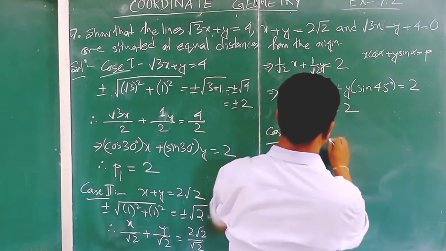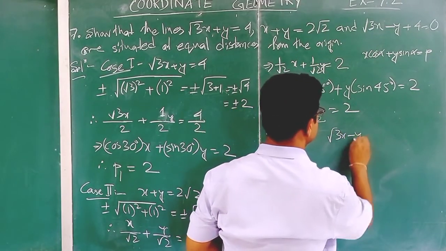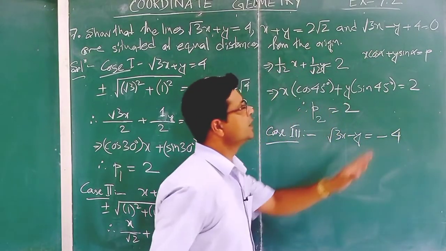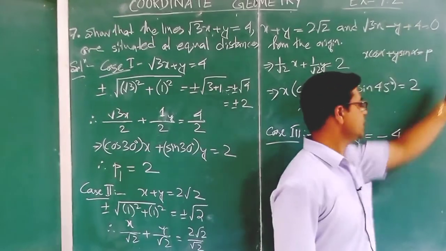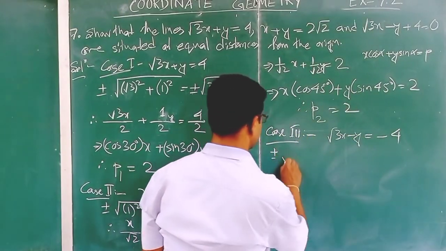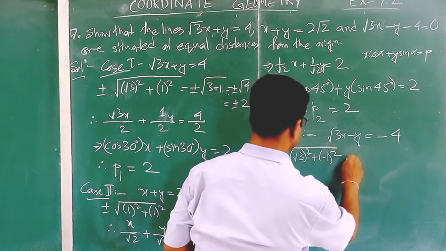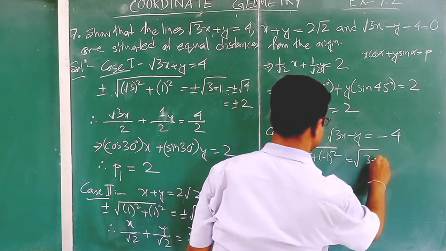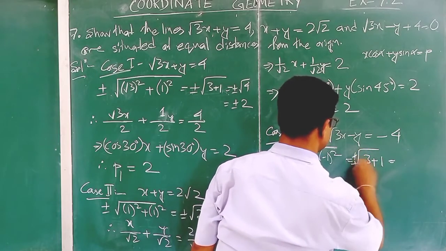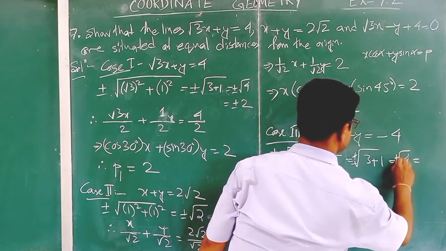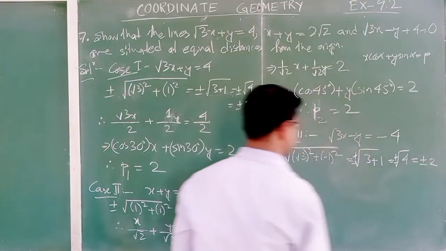Case 3. √3x minus y plus 4 equals 0. Initially we take this plus 4 to the other side and write minus 4. Now let us divide by the plus minus square root of √3 squared plus 1 squared, which is root 4, plus minus 2.